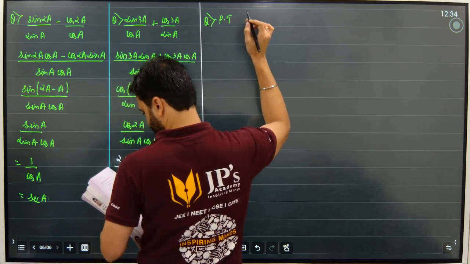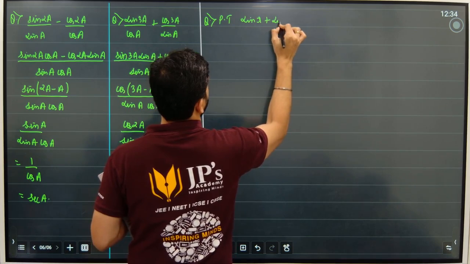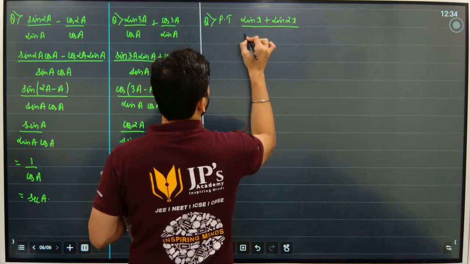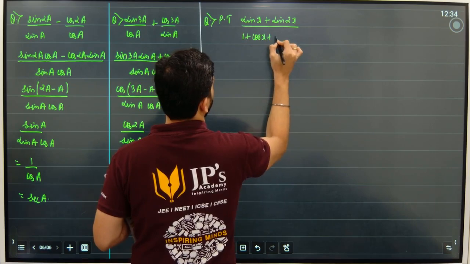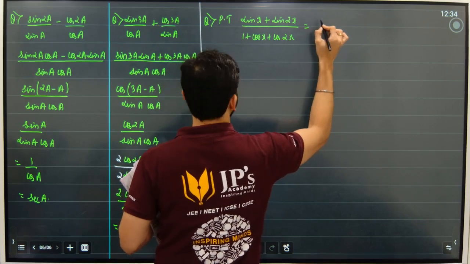Prove that sin x plus sin 2x upon 1 plus cos x plus cos 2x is equal to tan x.